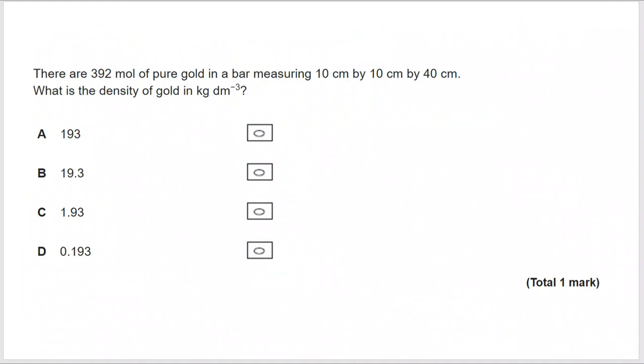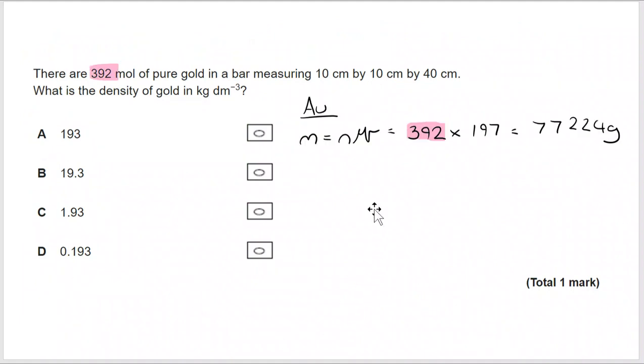Slightly different question to what we see commonly. It's not a usual question, but it is valid and it's reasonable that this can be asked. The gold we're going to start with, we have got a number of moles, 392, and we find the Mr off the periodic table, 197, meaning we've got 77,224 grams.